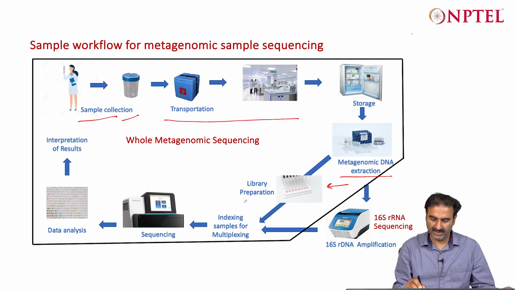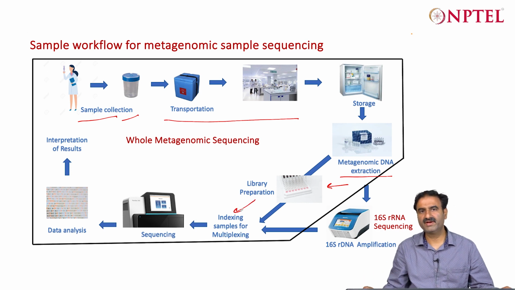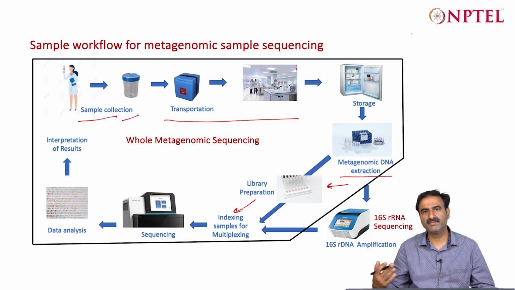You can also do indexing for samples, in case you are multiplexing or putting too many samples together. You have to accommodate 120 GB, because that is the output of the sequencer, and for each sample maybe you are looking at 5 GB, so you can put 120 divided by 5 samples in that.